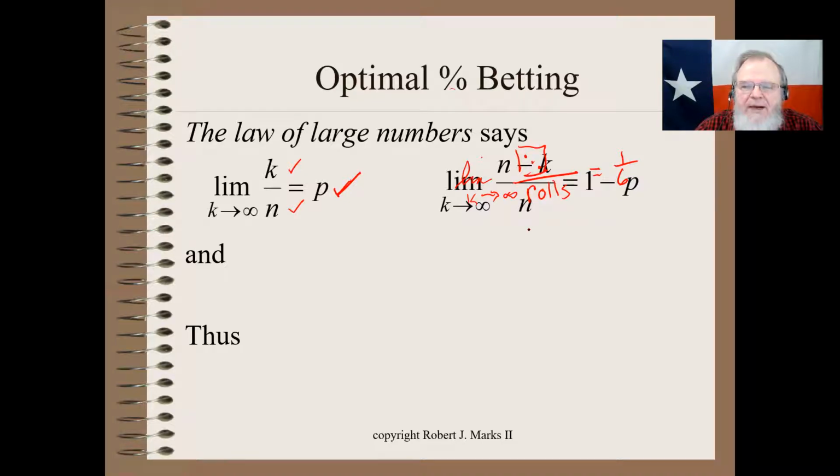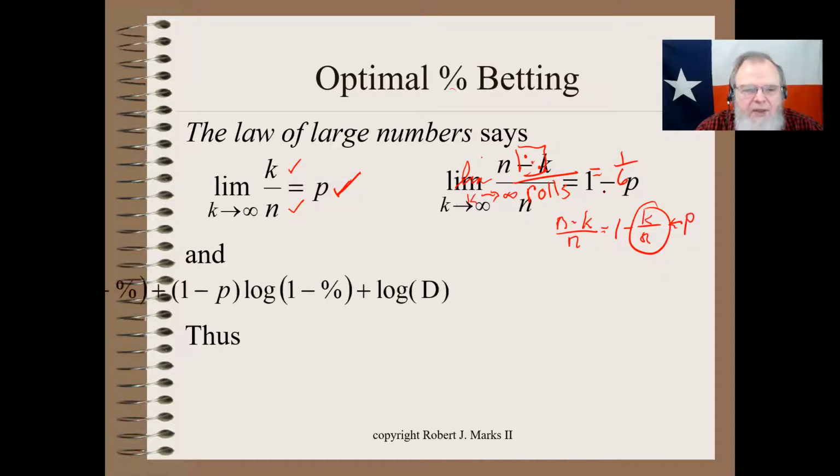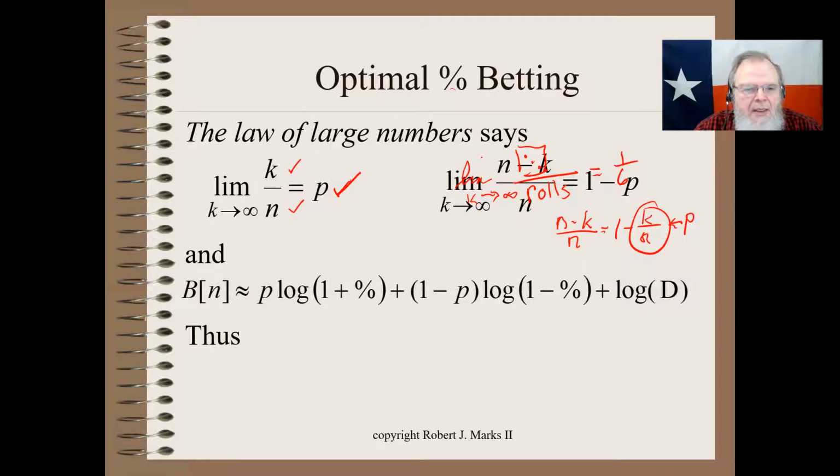I wrote over my next equation. So n over n minus k over n is going to be equal to 1 minus k over n. And so this is going to go to p, and the limit of n minus k over n goes to 1 minus p. The other thing that we're going to do is make this substitution from the previous equation.